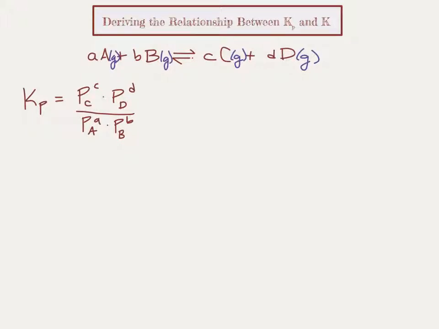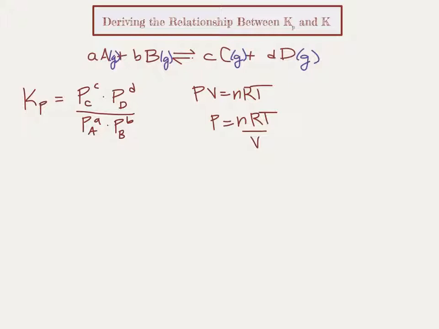Now, if we remember that all of these partial pressures can be described individually by using PV equals nRT, then we know that each of these individual pressures can be described, if you divide both sides by volume, as nRT divided by V.